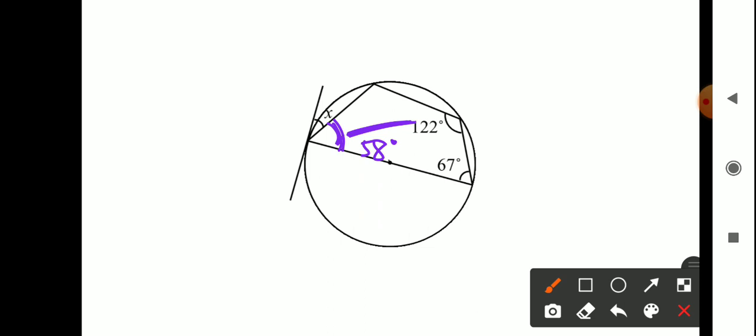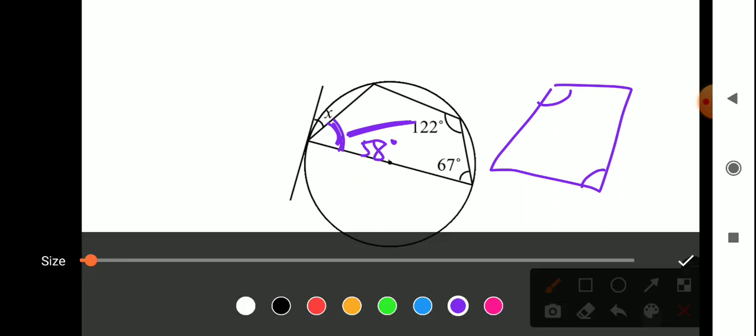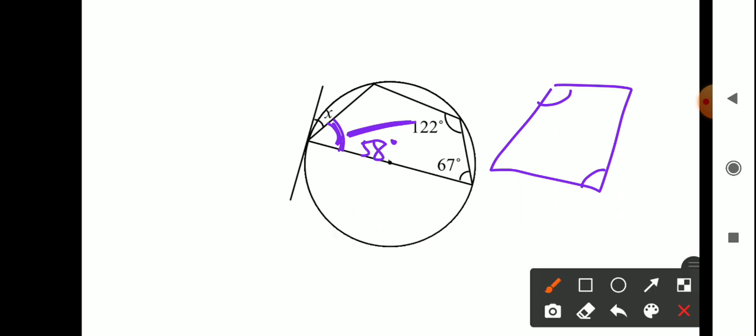You can only apply this rule if the quadrilateral is in a circle. If you simply draw a quadrilateral with no circle, then you cannot say this plus this is 180. No, no. It must be in a circle. If there is a circle, then you can say so.